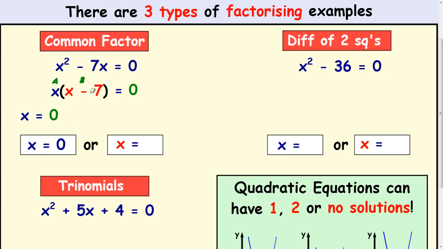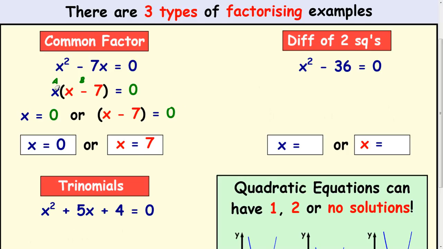And to make the B part 0, i.e. x take away 7 equal to 0, x must be 7, or you can add the 7 over to the other side. So either 7 or 0 will work here.